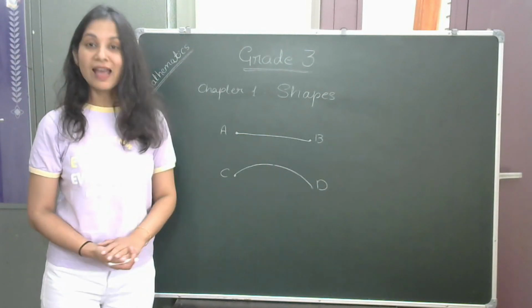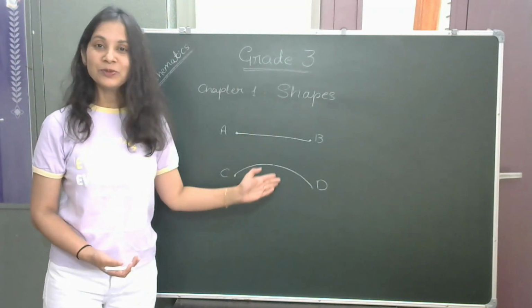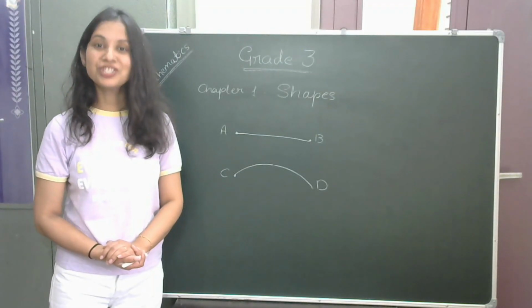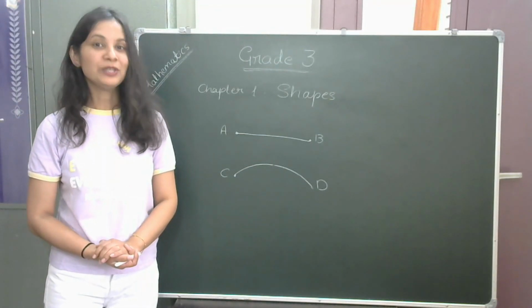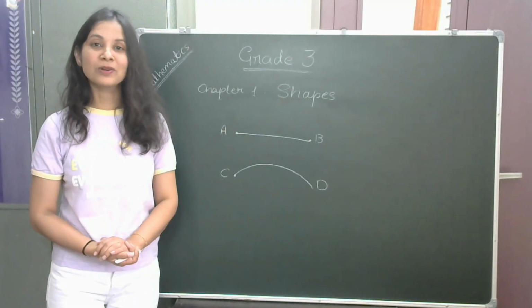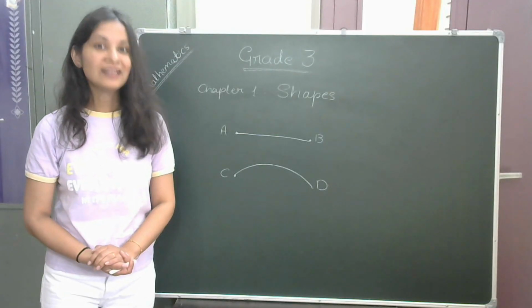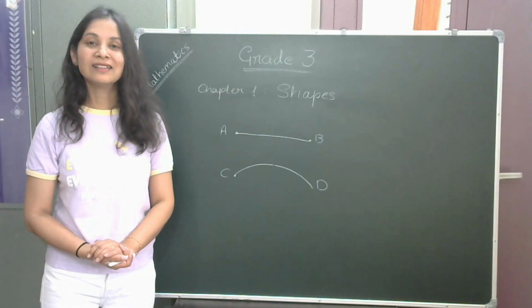Correct. As you know, we can use these types of lines to form different shapes. I hope you all already know a few shapes, right? Can you name them for me? Yes, very good.